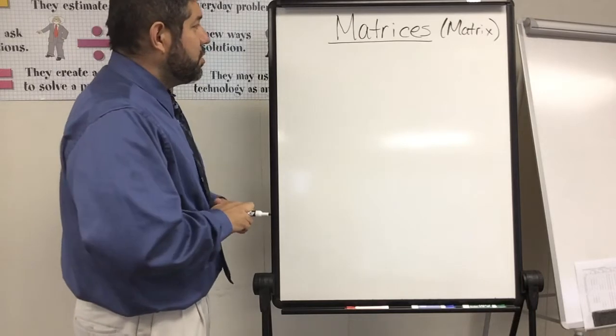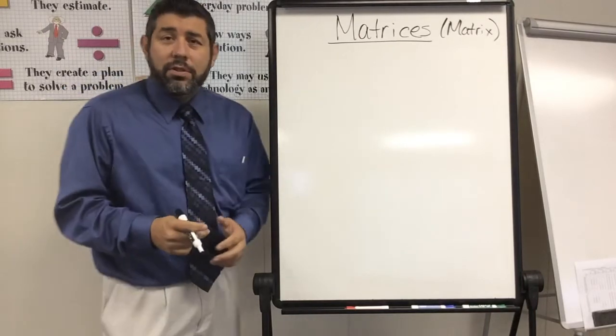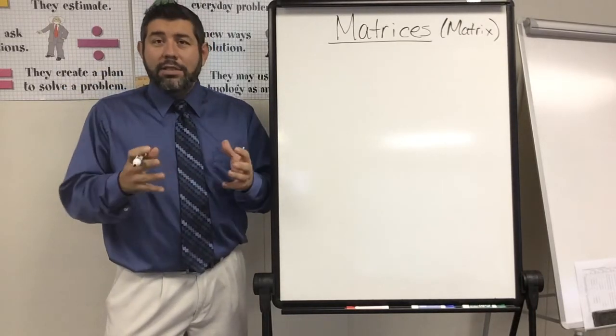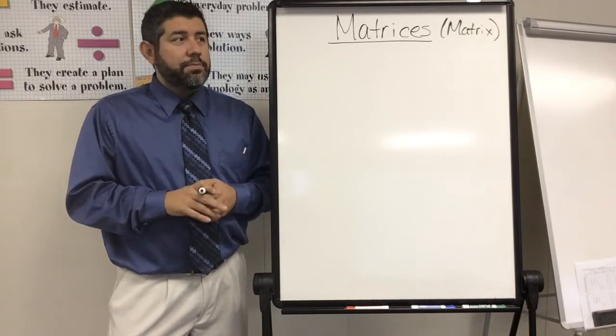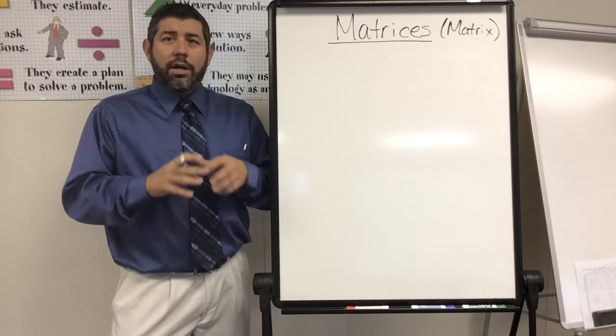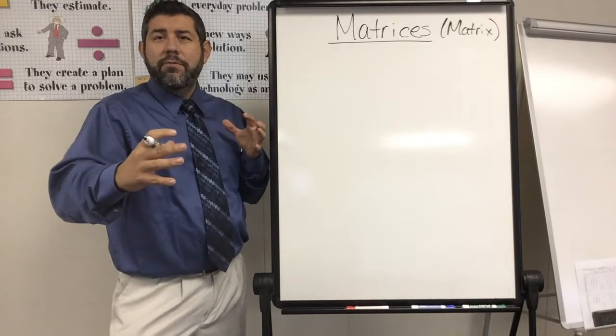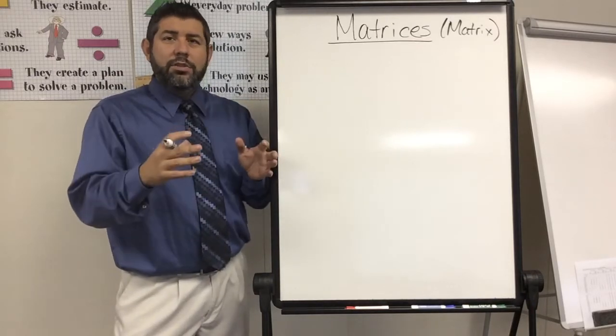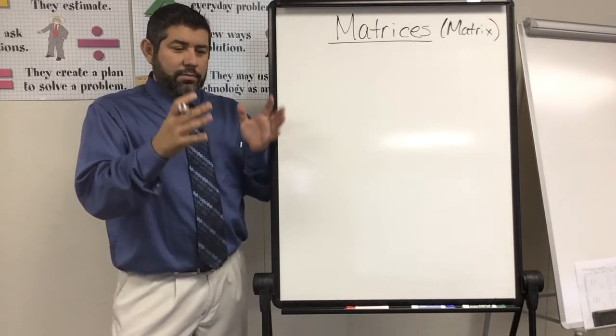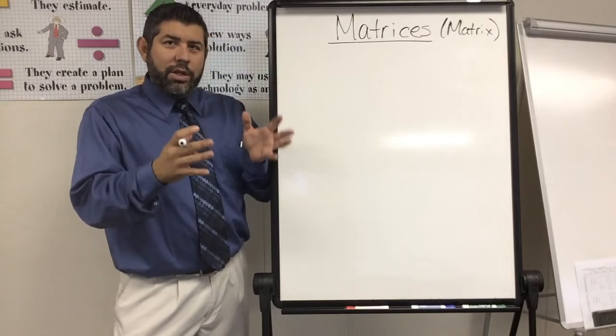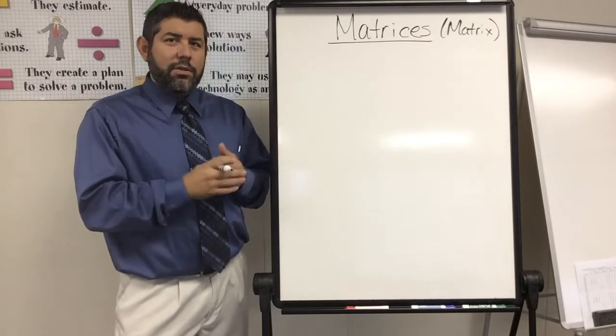So let's talk about what a matrix is. A matrix is just a way of organizing different information. Sometimes we'll have a table of a bunch of values for something, and we want to put it into a nice, clean, compact numerical organizational system, and that's called a matrix.